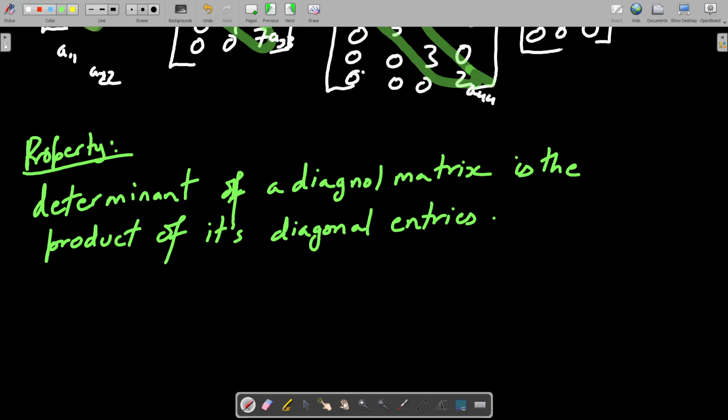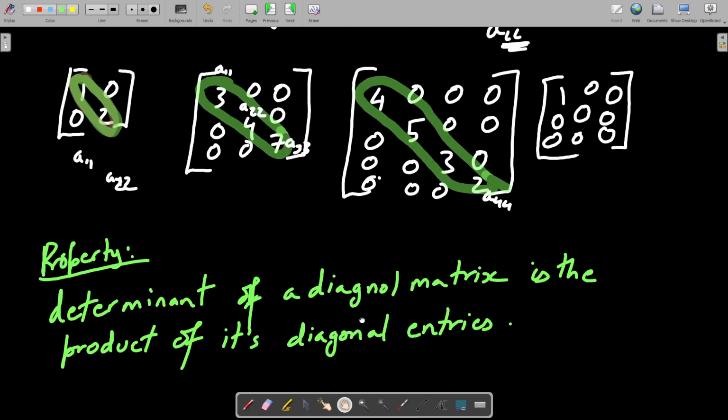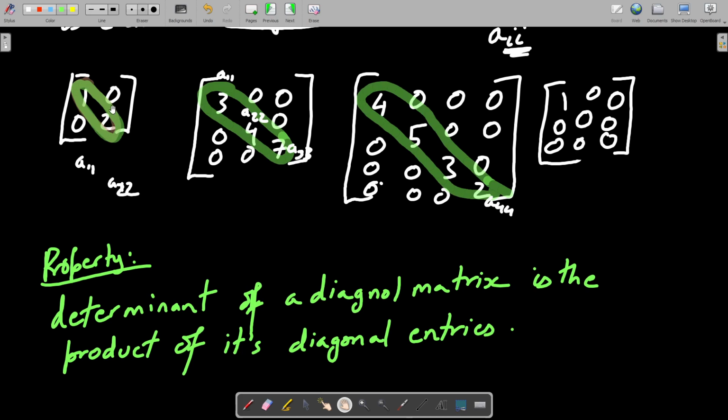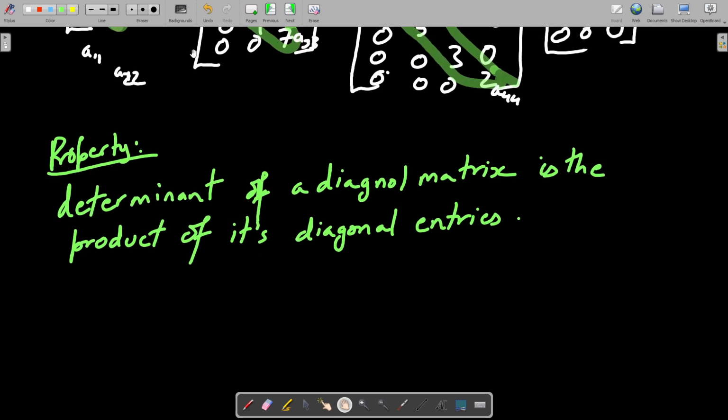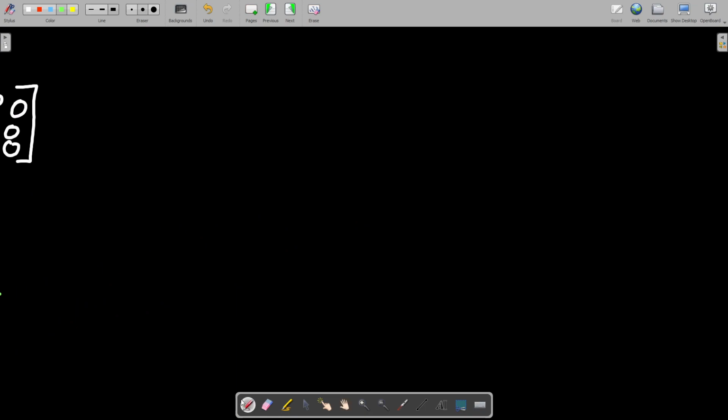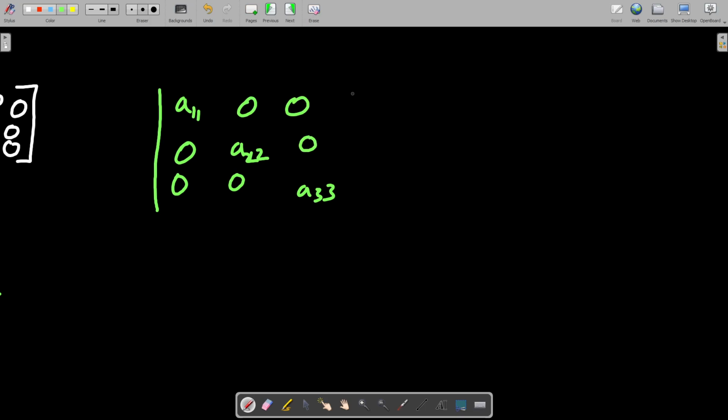Okay, so this is a property. I won't prove this property here. And by the way, what is there to prove also? You can easily see the proof is correct. Just notice this, it's very obvious. Why is it true? You take any 3 by 3. If it's true for 3 by 3, you can easily say it's true for the others. So you have A11, A22 and A33 on the diagonal and 0s elsewhere.